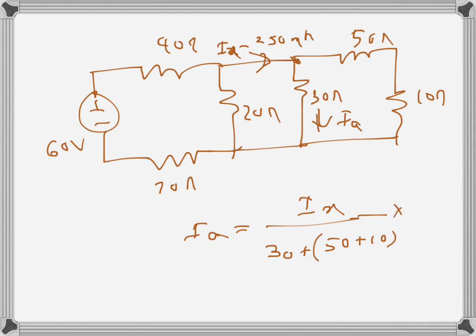We want the current through this branch, so we multiply by the resistance of the other branch. That's 50 plus 10 together, so I will directly write 60. So Ix is 250 divided by 30 plus 60 here, times 60. So that's 250 divided by 90 times 60.